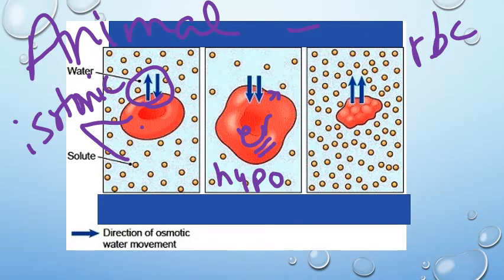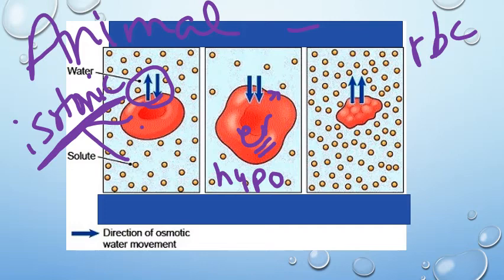So I want you to think about this for a second. If this is a red blood cell, imagine that you were in a hospital and you got an IV. When you get an IV, you actually get an IV that is salt water and it's in perfect concentration, isotonic with your blood plasma. That way your blood cells do not swell or burst or shrink.